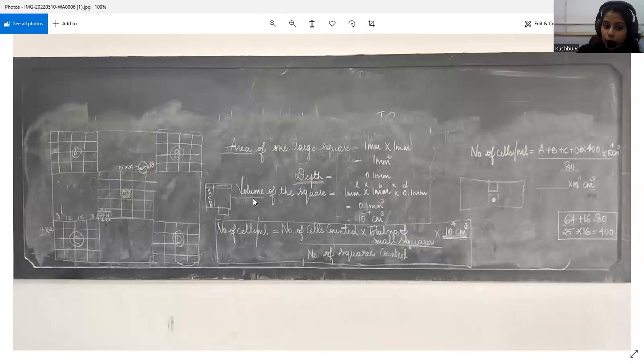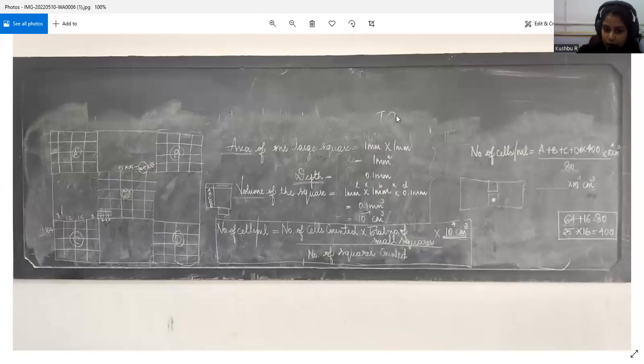The volume of the square is length into breadth into height, and height is the depth in this case, which is 1 mm into 1 mm into 0.1 mm. So this comes to 0.1 mm cube, which when written in centimeters is 10 to the power minus 4 centimeter cube.